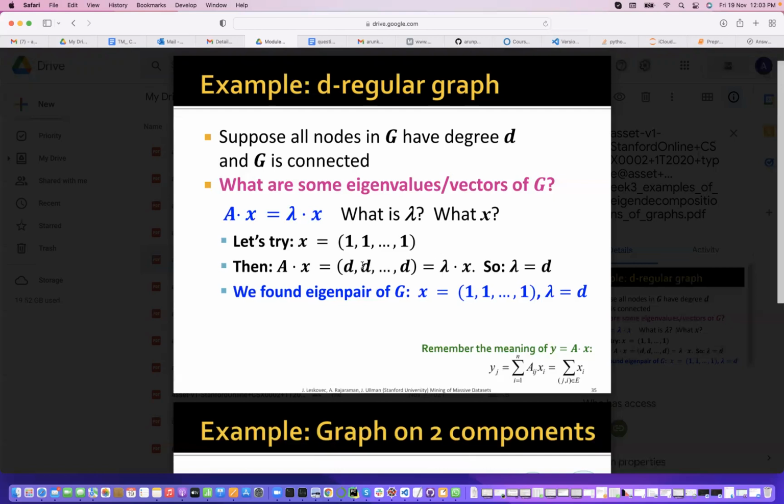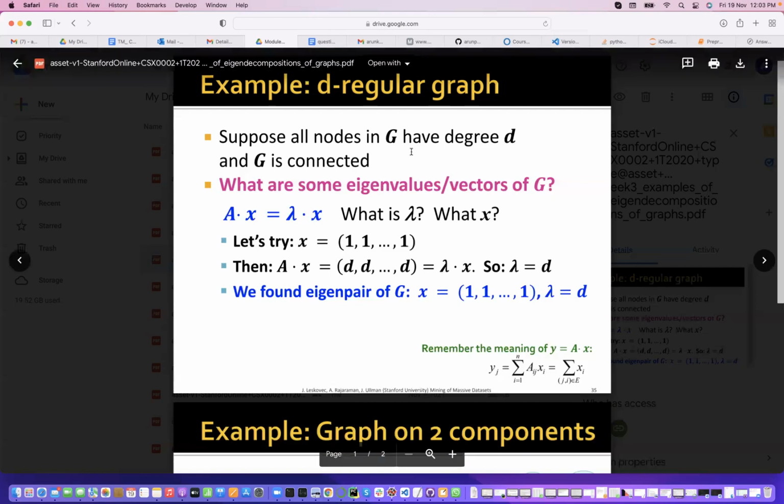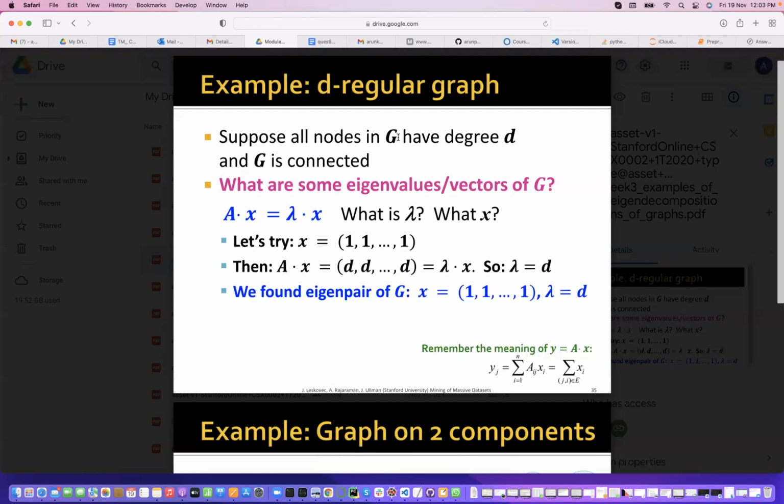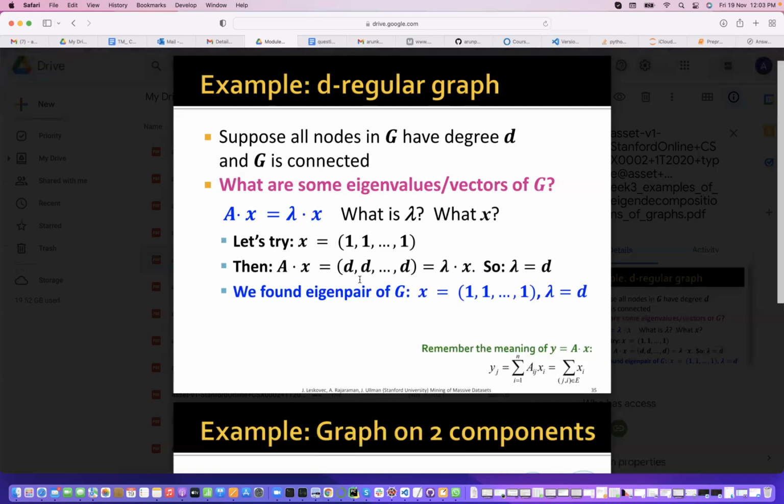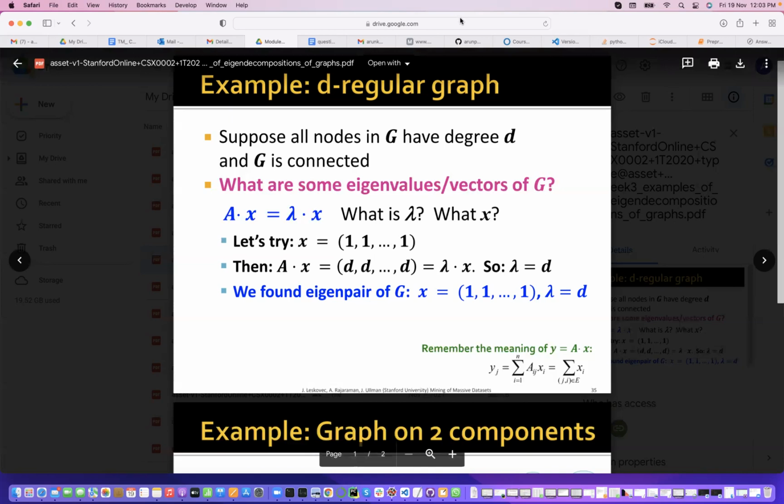But if you get Ax equal to D, it means G has degree D. Suppose all nodes in G have degree D. So if all nodes have degree D, when you compute the neighbors, you should get D, right?